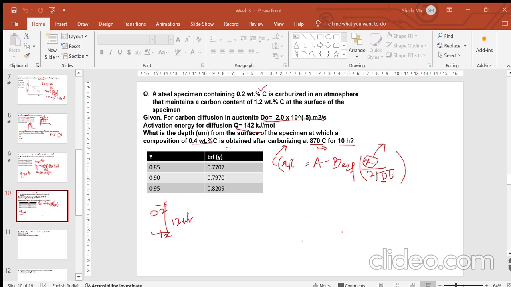So we'll have D naught equal to 7.8 multiplied by 10 to the power minus 11 divided by 1.64 to the power minus 4.